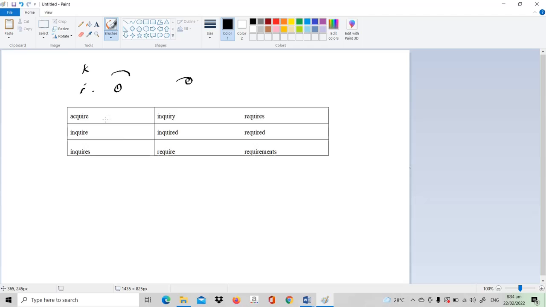Next, first we have acquire. So that's acquire. Next, inquire. Inquires. Hindi halata. Ulitin natin. Inquires.